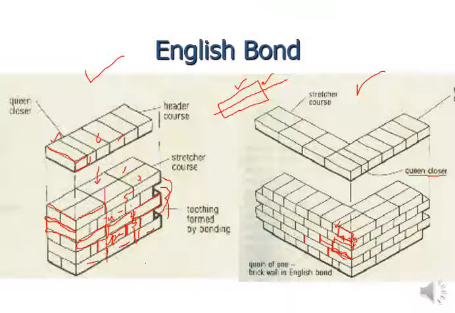Why are we not placing the queen closer just at the corner? We can also place our brick like this. हम यूँ भी place कर सकते हैं कि अगर ये complete आपका stretcher है at the corner, then you have placed one header, and in this 7.75 you can also place one header, and here you can place the queen closer, 2 complete bricks, and then queen closer here.